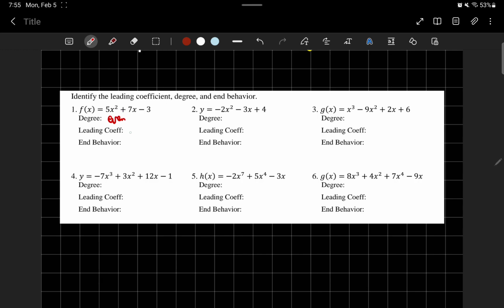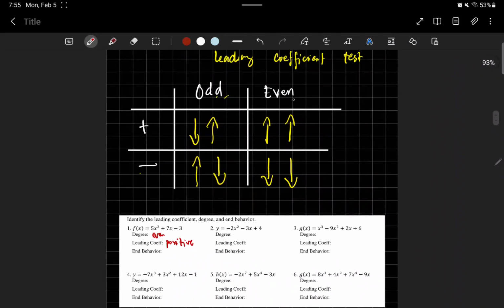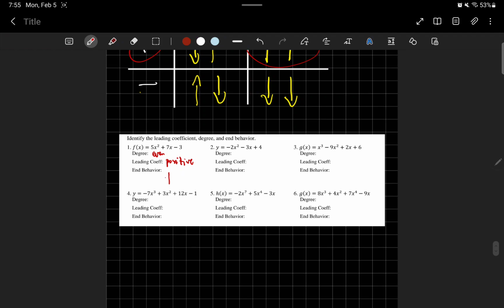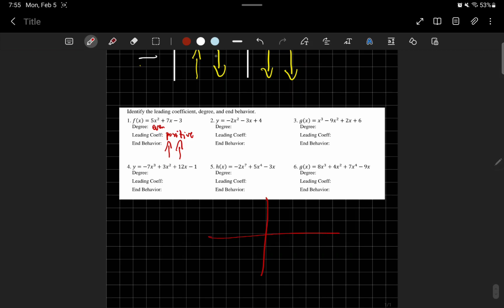How about the leading coefficient? This is positive. Therefore, the behavior of the graph, even, then positive, ang kanyang behavior is parehong rising. So, kung i-drawing natin yan without graphing, automatically, the behavior of the graph is like this one. That is the graph of our number 1.